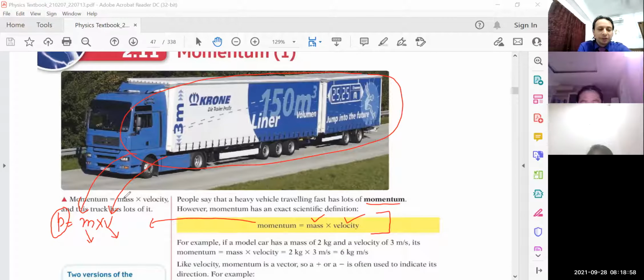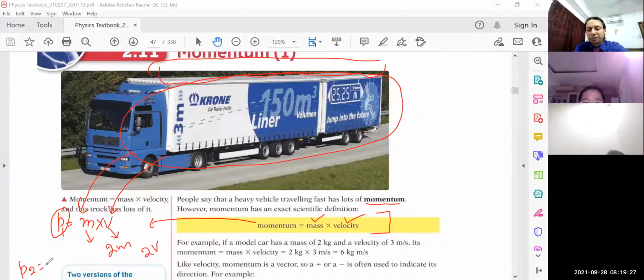But in the second situation, I double the mass by putting some more weight on the truck, and suppose I also double the velocity, so v is now 2v. How will the momentum change? The mass gets doubled and the velocity gets doubled, so the momentum will be 4 times p1.